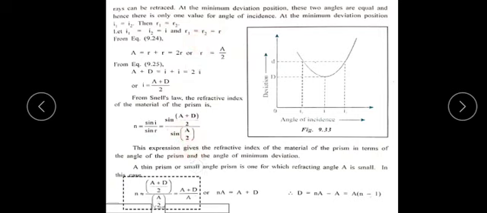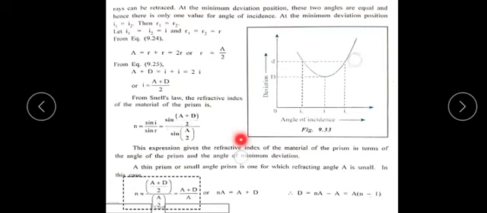On substituting these values, we get the refractive index in terms of A, the angle of prism, and D, the angle of minimum deviation. This is the derivation, an expression for refractive index in terms of angle of prism and angle of minimum deviation.